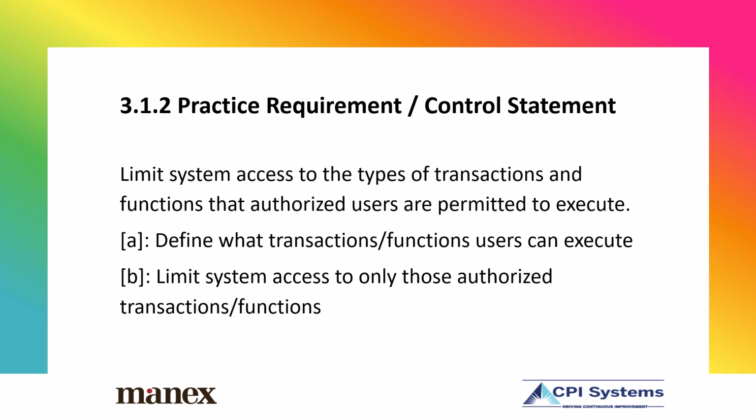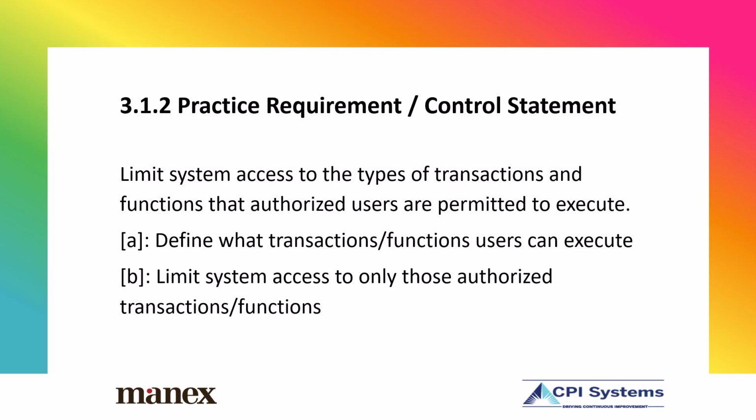The control says to limit system access to the types of transactions and functions that only authorized users are permitted to execute. This means A, define what transactions and functions users can execute, and then B, limit system access to only those authorized transactions and functions that you've defined.